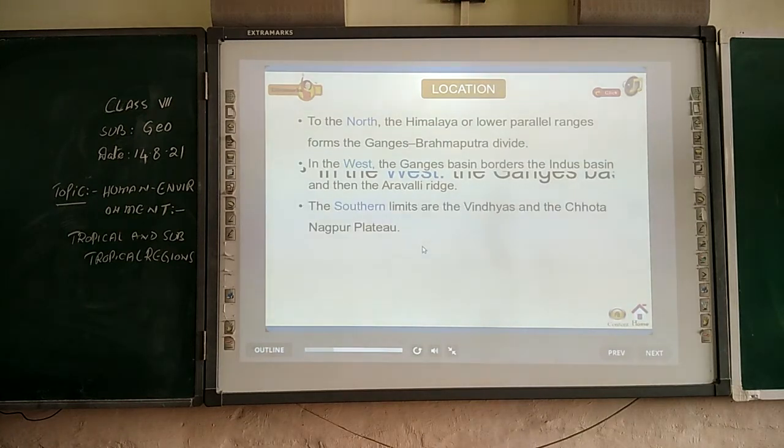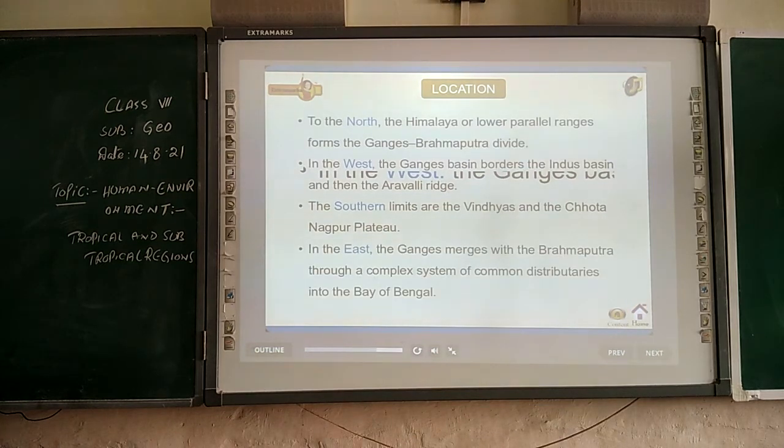The southern limits are the Vindhyas and the Chotanagpur plateau. In the east, the Ganga merges with the Brahmaputra through a complex system of common distributaries into the Bay of Bengal.